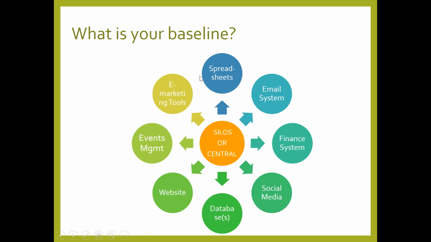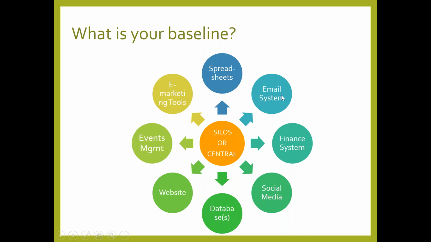They have information about their contacts in spreadsheets, in their email, their Outlook or their Gmail, in a financial system or payment processing system, social media, disparate databases. They might have a website that captures data about people, a separate events management system that captures data, and then their e-marketing tools, like MailChimp, for example, which all collect different people's data that isn't joined up.